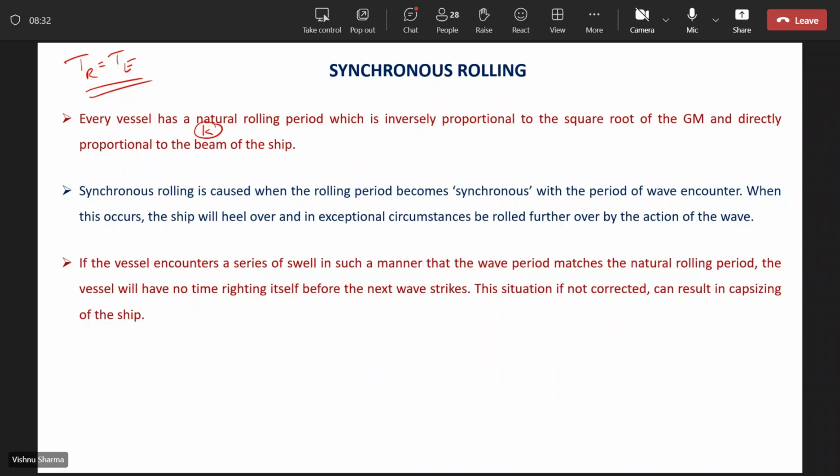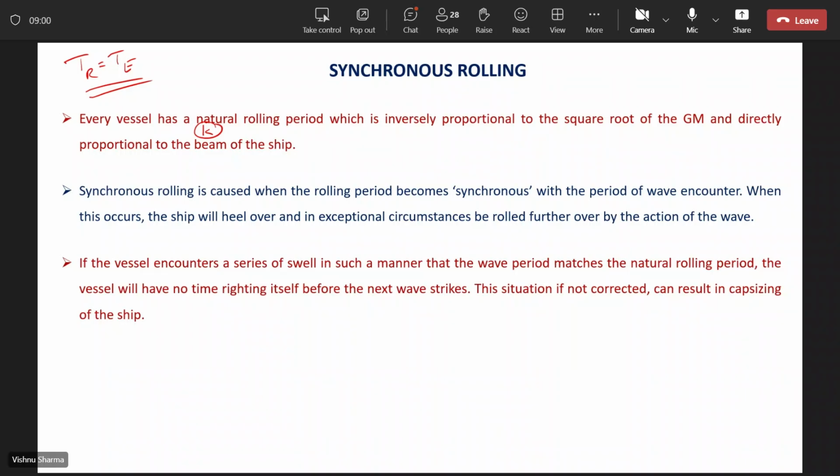Suppose the ship had rolled 10 degrees to starboard, and as she was about to start returning, the wave hit. Now, obviously, the ship will not roll only 10 degrees to port. It will roll much more than 10 degrees. Why? Because she has been given extra energy to roll by the wave that has hit.